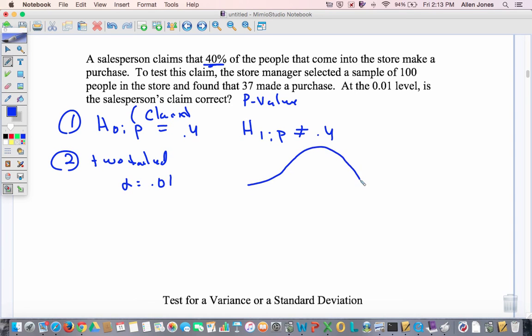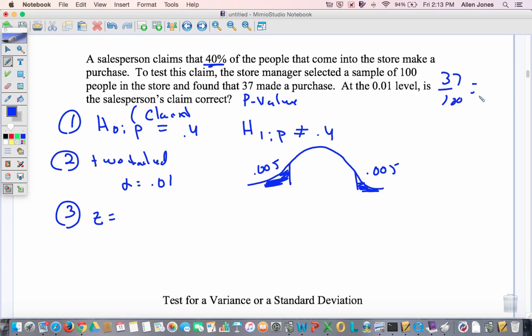Alpha equals 0.01. Since we're using the p-value method, I'm going to illustrate 2 different ideas here. With the shade on each side is 0.005. We don't need our z-scores for this since we're using the p-value method, so I'm not going to go to the table to look that up just yet. I'm going to move on to step number 3.